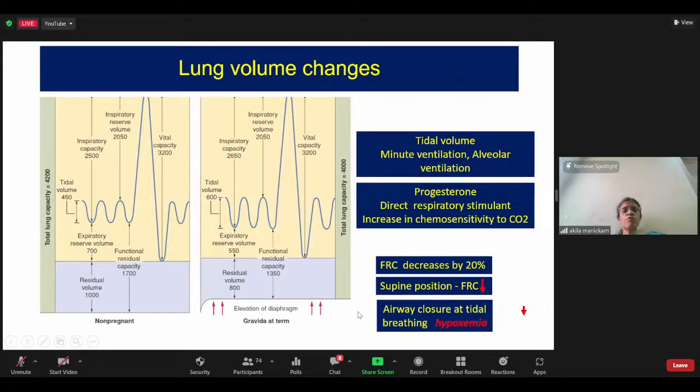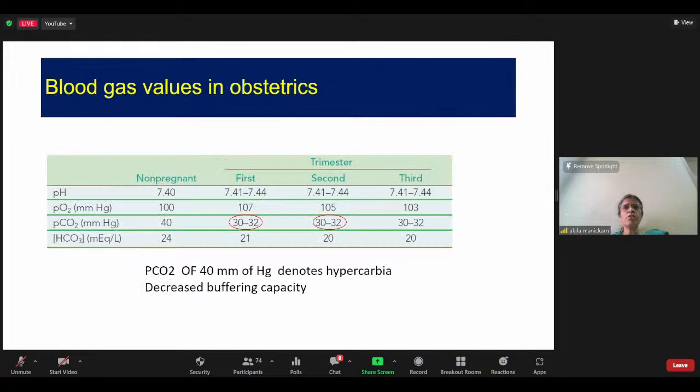So they are prone to hypoxemia. It is very important to give supplemental oxygen whenever these patients are put in the supine position during neuraxial anesthesia. When you look at the blood gas values, as I told you, there is an increase in minute ventilation. Increase in minute ventilation leads to a decrease in your carbon dioxide levels.